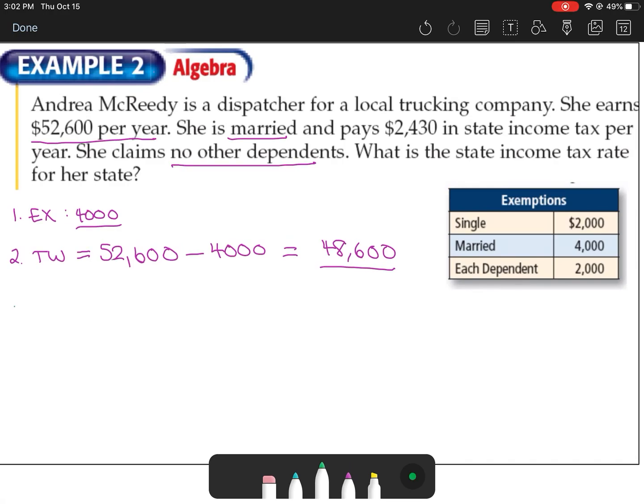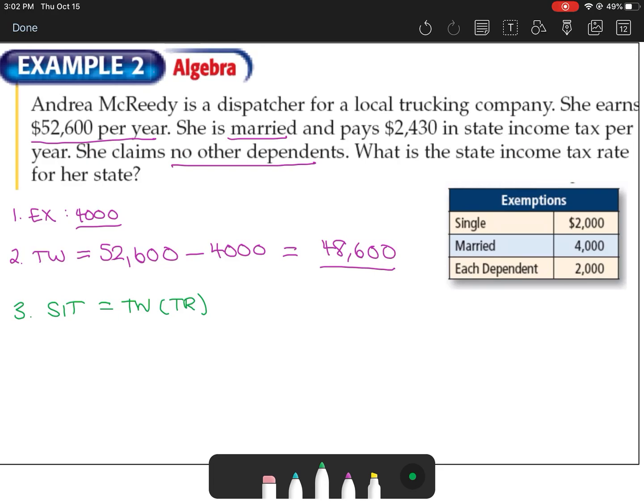Okay, well now let's look at that third step. So we know our third step to find our state income tax, or SIT, is equal to our taxable wage times our tax rate. Okay, well, and the reason why I wrote this is because it's not a straightforward question.